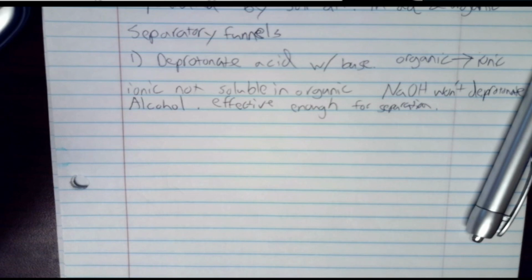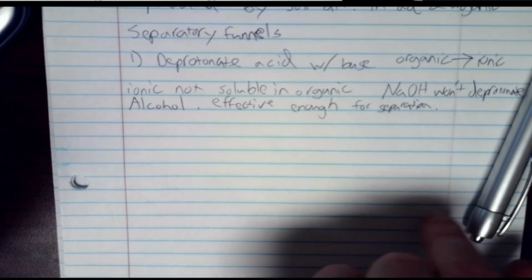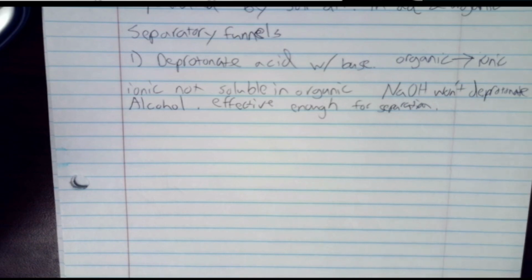We've got an organic layer and an aqueous layer. If we have a good split between the two, then we're separating them based on densities. We extract the organic layer into one flask, we extract the aqueous layer into another flask.